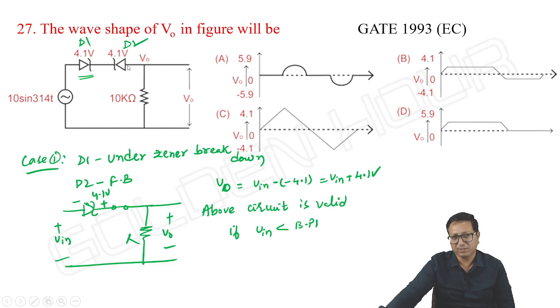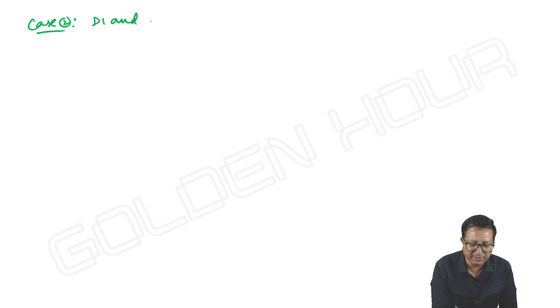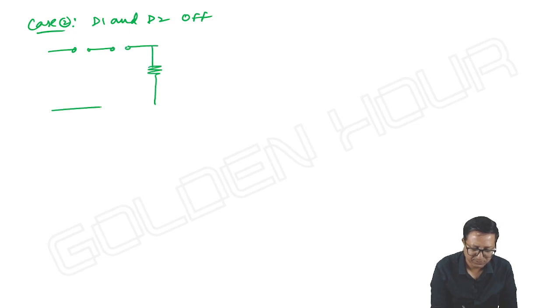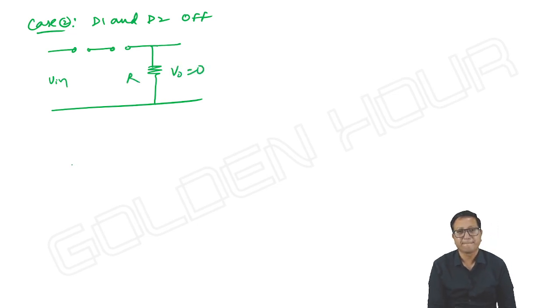So case 2, I can write input is greater than minus 4.1 and less than 4.1. Then both the diodes are off. Okay, case 2: both D1 and D2 are off. Simply output is 0.